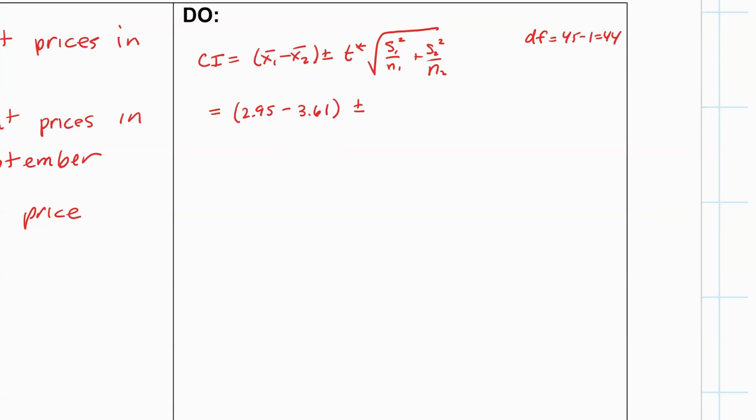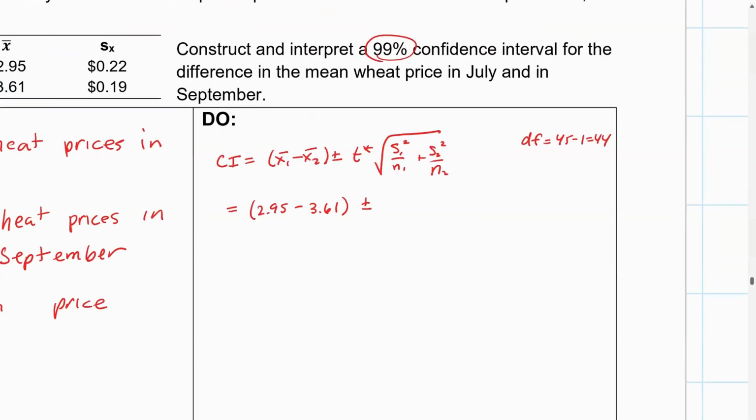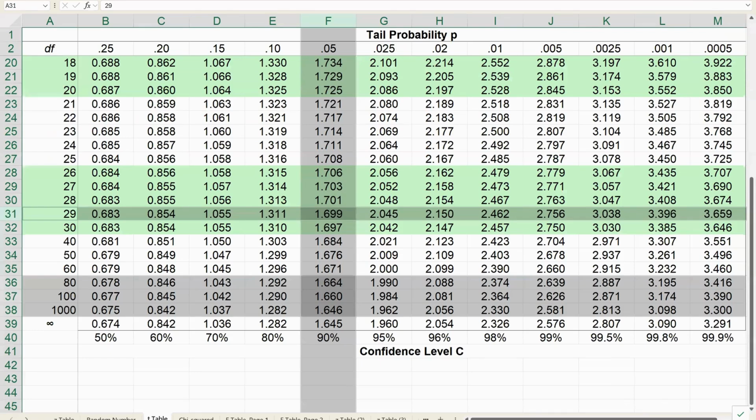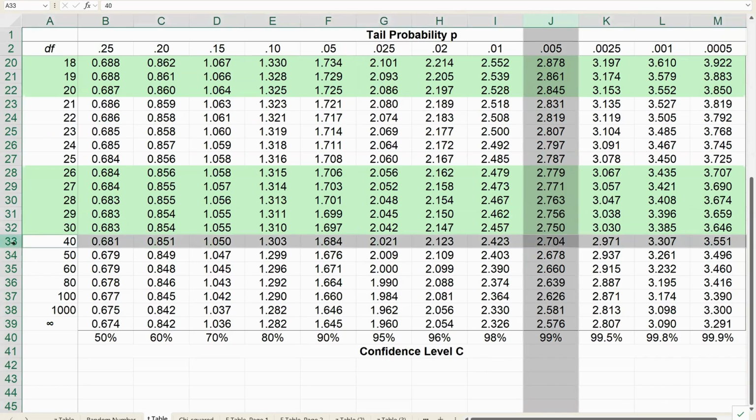If we go to the table, because we're going to do a 99% confidence interval, I'm looking for 99% confidence, which is that column, and 44 degrees of freedom. Well, I don't have 44 degrees of freedom. I have either 40 or 50, always going with the lower of those two numbers.